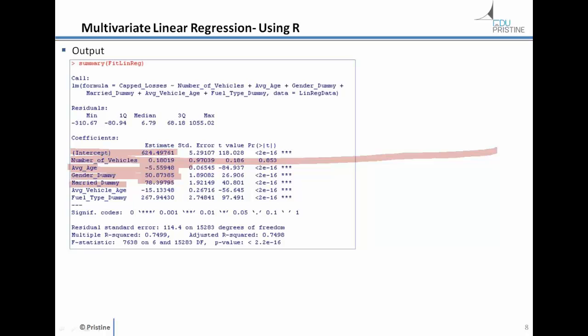So if the gender is male and the guy is married, he has got a higher chance. Average vehicle age is negative. So as the age of the vehicle increases, there are lower chances of losses. Fuel type, one kind of fuel gives a higher chance of capped losses, which is my dependent variable.